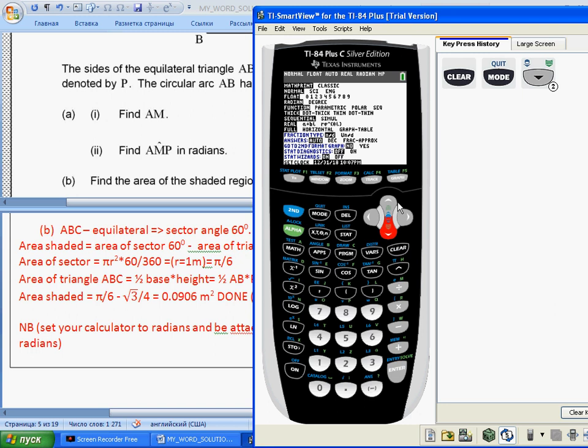Here you can choose either degrees or radians. For example, I want to change to degrees. I press enter. Now it is degrees.